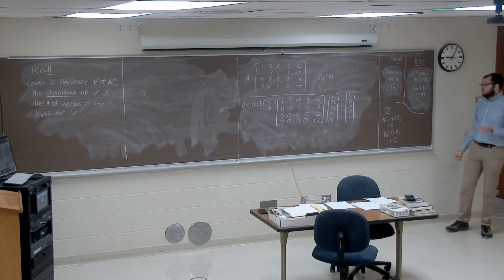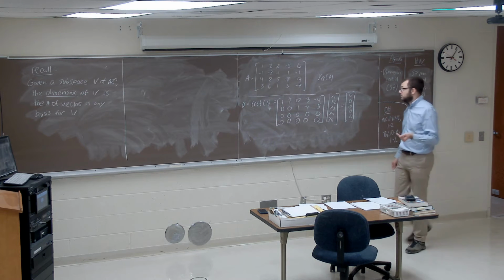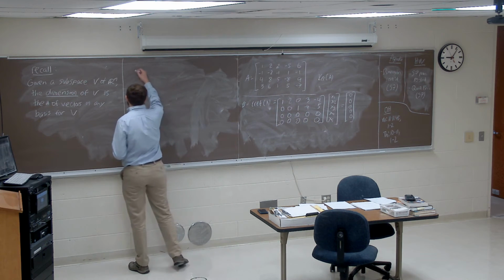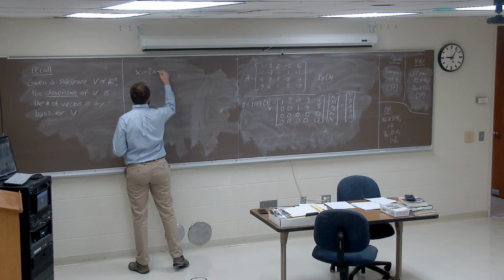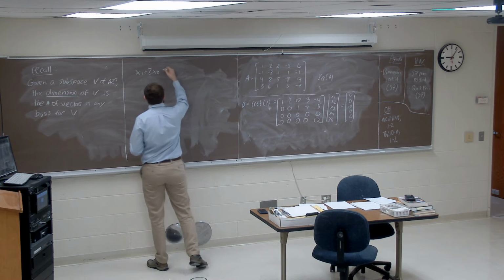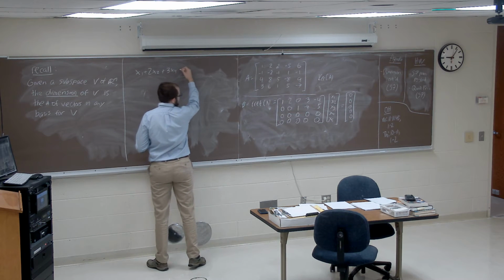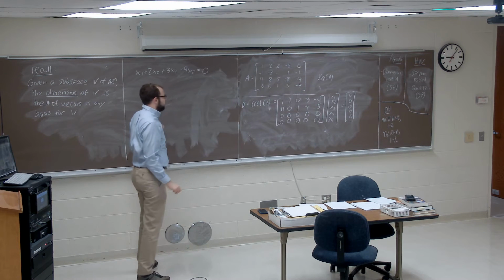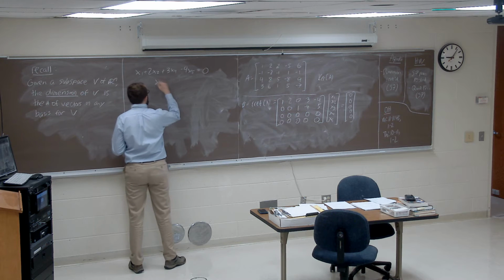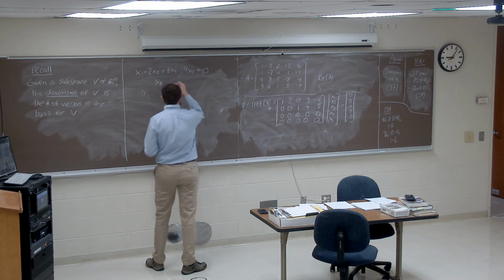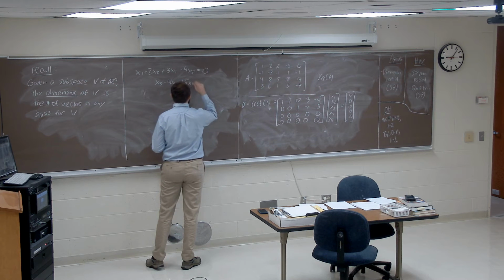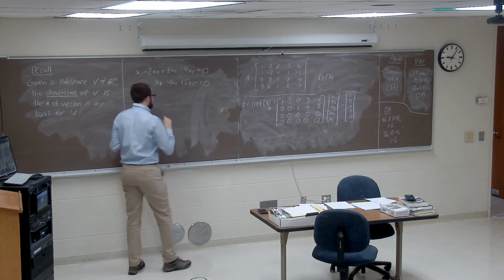Let's see. So if we set up this system and then solve for x1, x2, x3, x4, x5, I think we're going to get something along the lines of x1 plus 2x2 plus 3x4 minus 4x5 has to be 0, and x3 minus 4x4 plus 5x5 is 0.